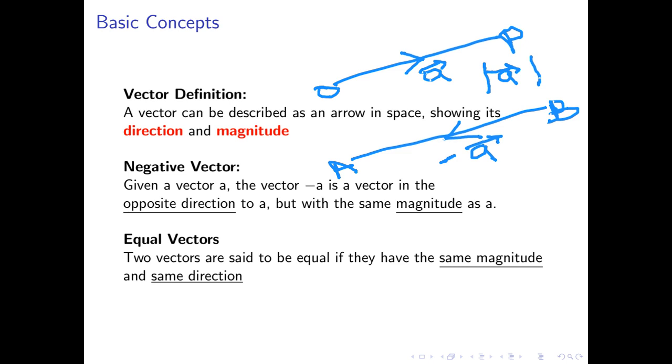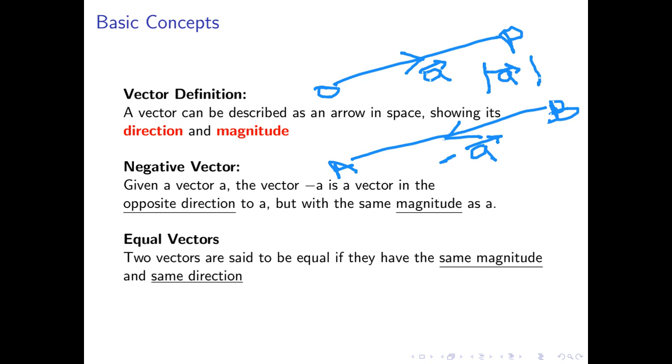What do we understand by equal vectors is another term. Given two vectors, you say these two vectors are equal if they have the same magnitude. Please take note, if their lengths are the same.